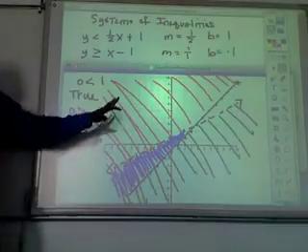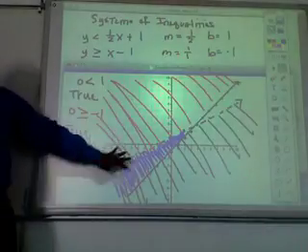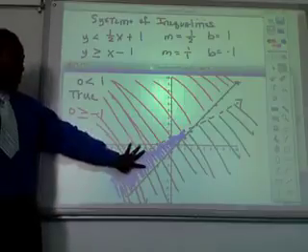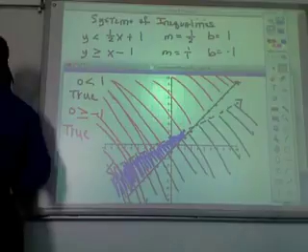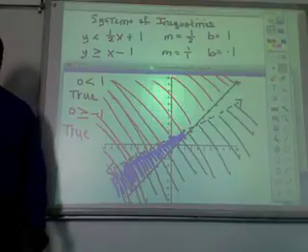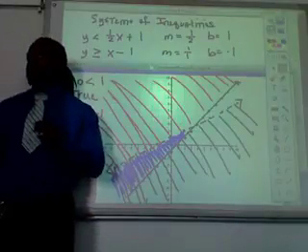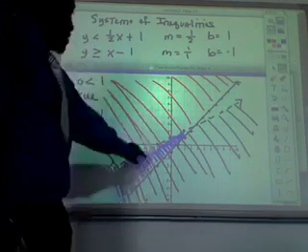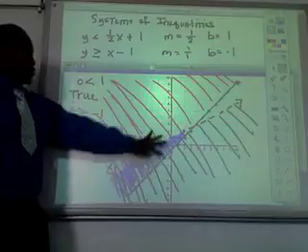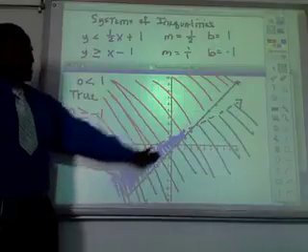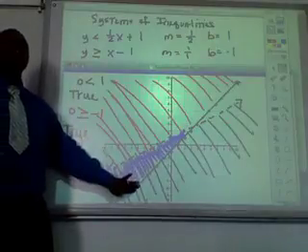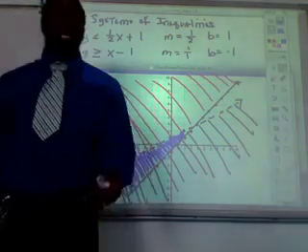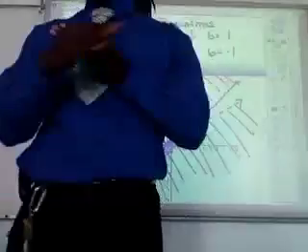Now, it's not going to look like this all the time, but this is how you would determine your solution, because this is where both shaded regions intersect. Any other questions? Homework? Okay. So that would be the answer right here. Once you graph it, you indicate by some type of darker indentation, however you want, using a marker or highlighter, where the shaded areas intersect. That is the solution.